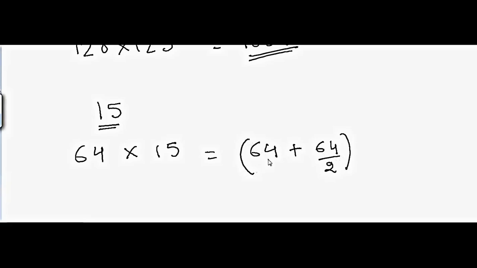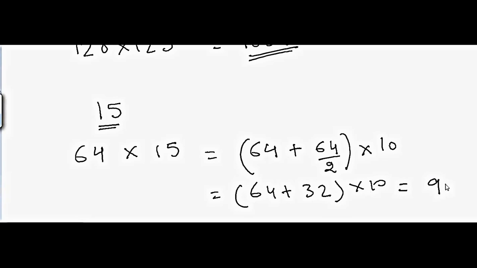So that will be equal to 64 plus 32 into 10, and that's equal to 96, right? Let's do it quickly. Suppose I have 44 and want to multiply by 15. I know half of 44 is 22, so that will be equal to 66, and then a 0, so that will be 660.